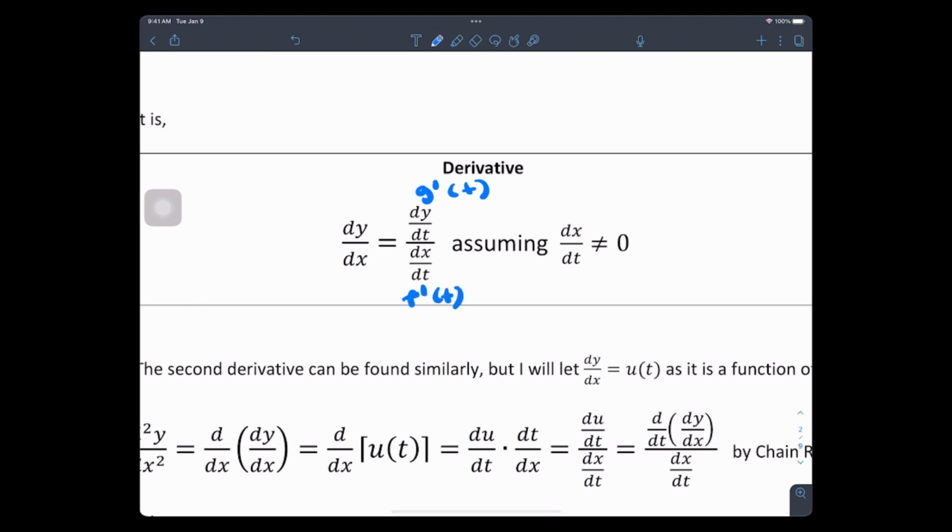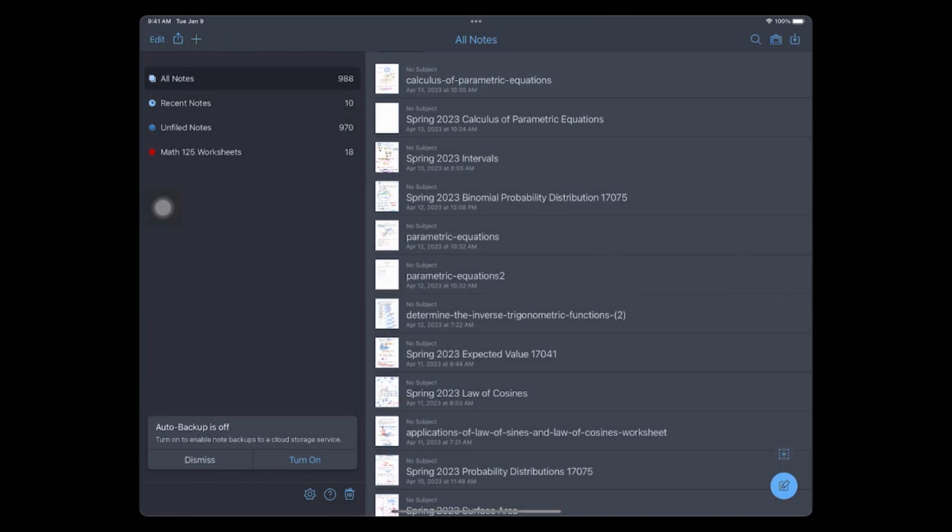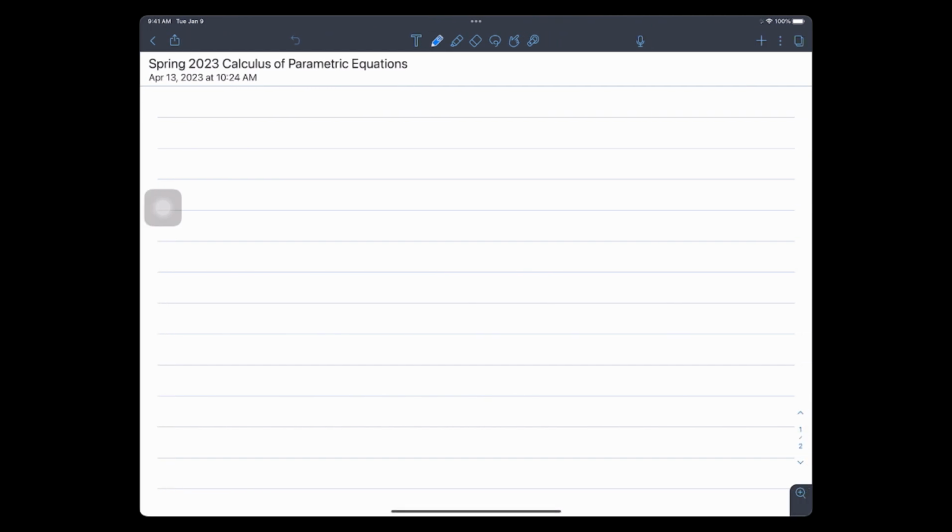That's what's going on. And of course, the denominator can never be 0. dx dt can't be 0. So it's a very simple thing to get a derivative of a function here. It's just chain rule. Okay? So what I have here now, let's write it down this way.